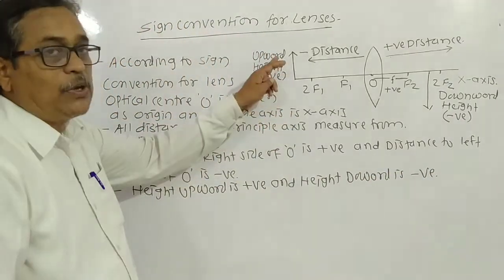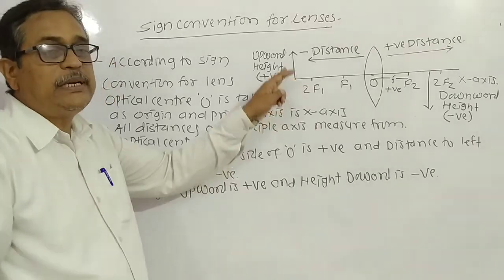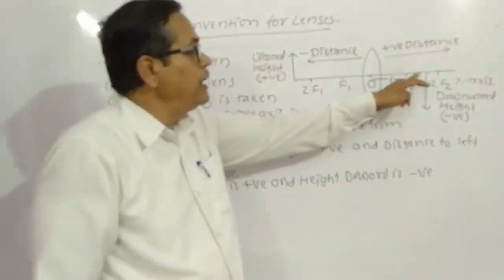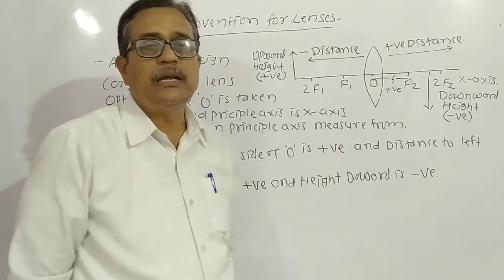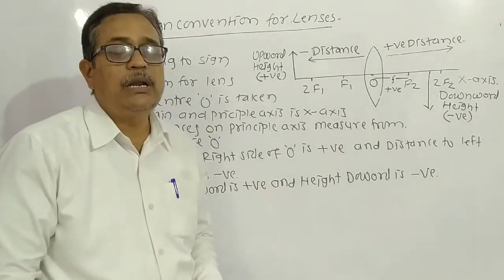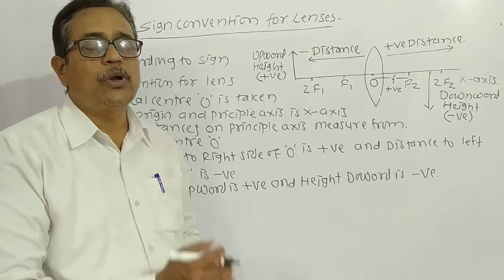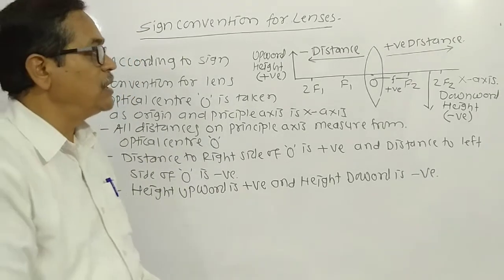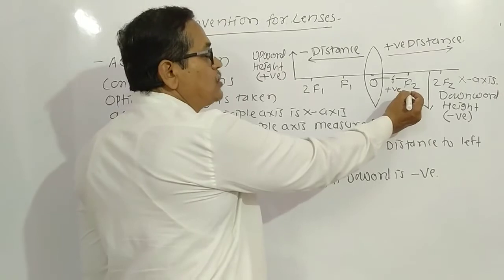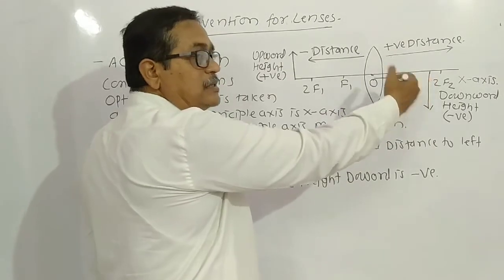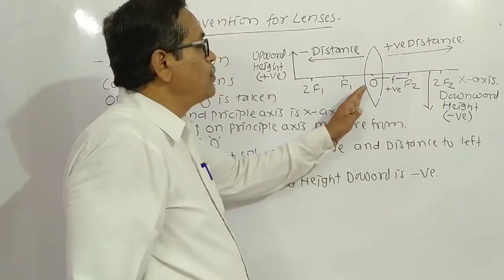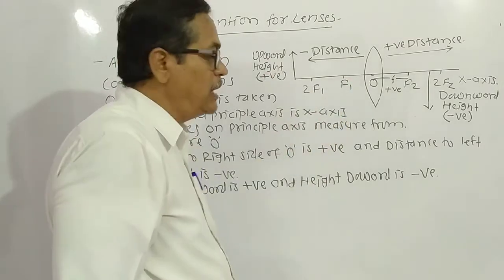Dear student, height of object is always positive and height downward is negative. Then focal length of convex lens is positive and focal length of concave lens is negative. Because f2 is the focus of convex lens, it is to the right side in second sphere, and focus of concave lens is f1 to the left side.